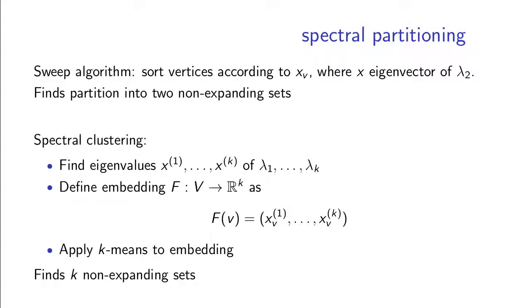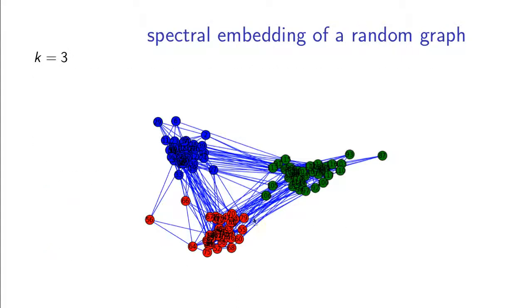To visualize what such an embedding could look like, here is what the embedding would look like if we take a random graph of about 100 vertices that has been generated by just arbitrarily dividing the vertices into 3 groups, and then putting edges with probability 20% within a group and with probability 2% between different groups.